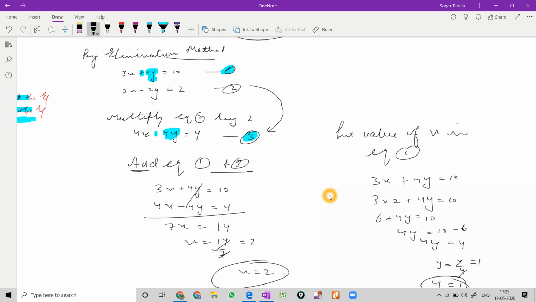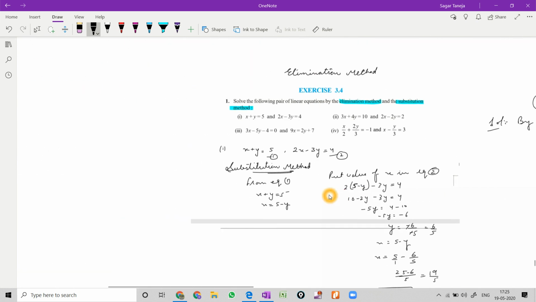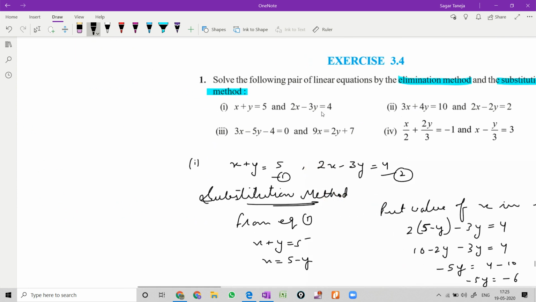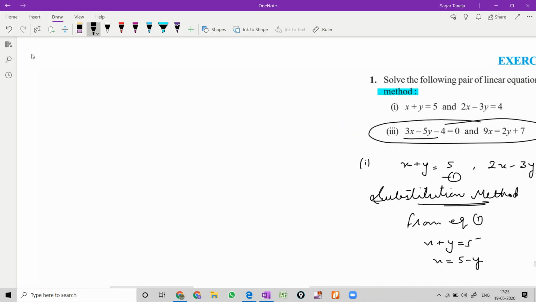Okay. After this, the next part of this question. The next part is 3x minus 5y is equal to 4.